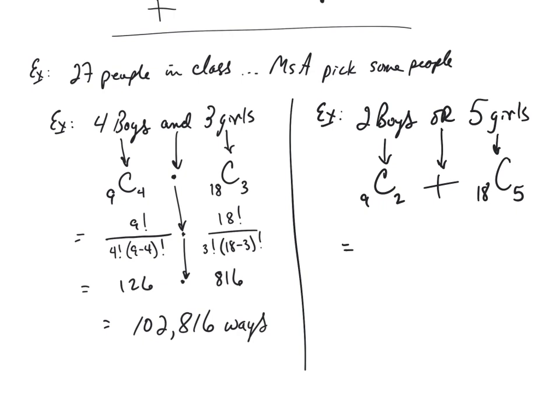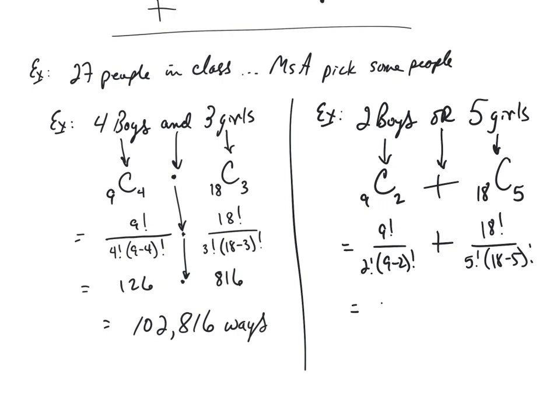So again, using our formulas, combinations of 9 objects 2 at a time would be 9 factorial over 2 factorial times 9 minus 2 factorial, and then 18 factorial over 5 factorial and 18 minus 5 factorial. Again, I'll just punch each of these out for you.